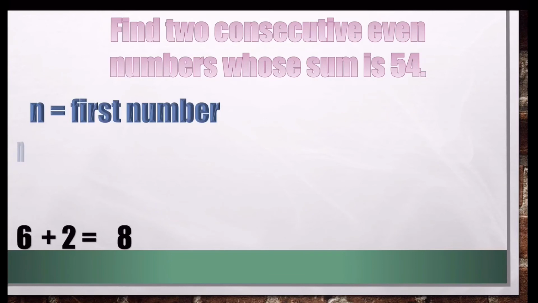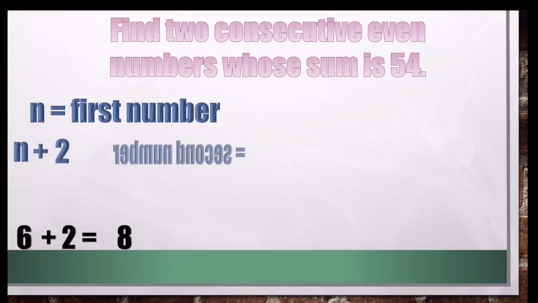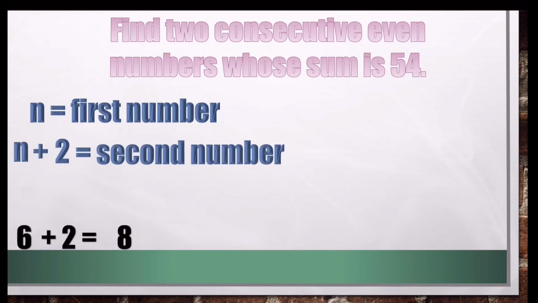So let's go back to my current example then. If n is my first number, what would I have to do to get to its next consecutive even? I'd have to add 2. It's always going to be this way, ladies and gentlemen. If it's two consecutive even numbers, your first number is always n, and your second is always n plus 2.